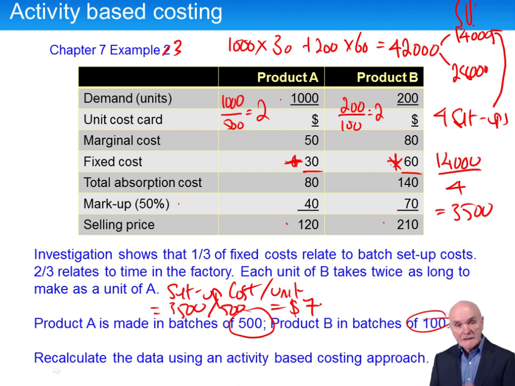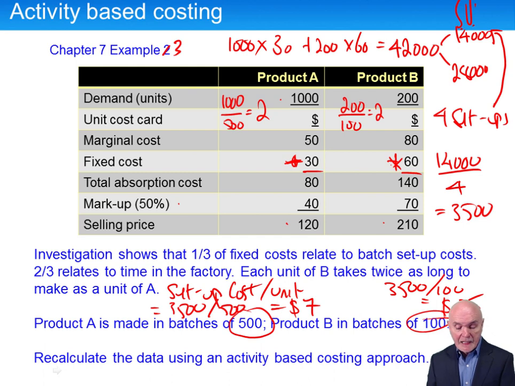For B, still for one setup cost of 3,500, we are, however, only getting 100 out of that, which equals 35. So vastly different kind of efficiency, if you like, or cost caused when we make B products, because they're made in quite short, inefficient batches, than we make A products.